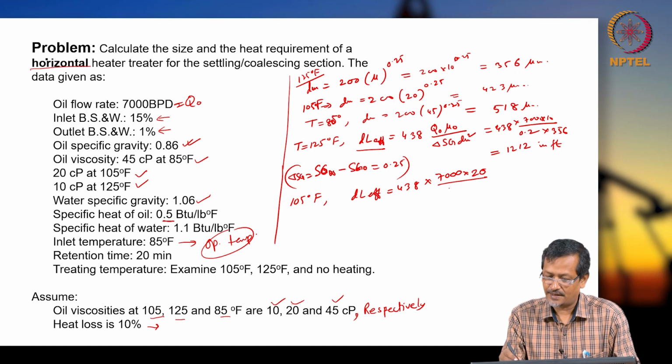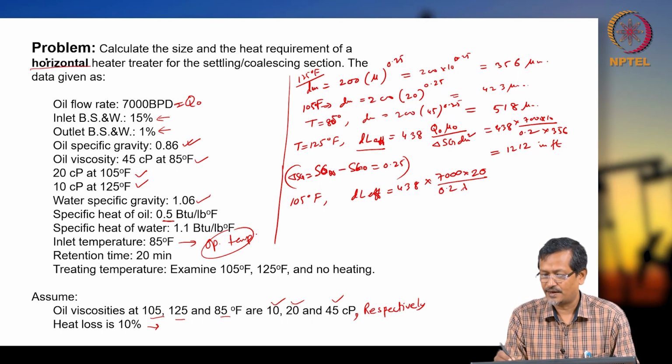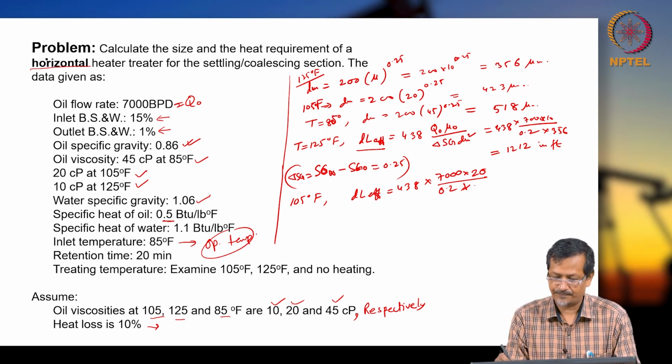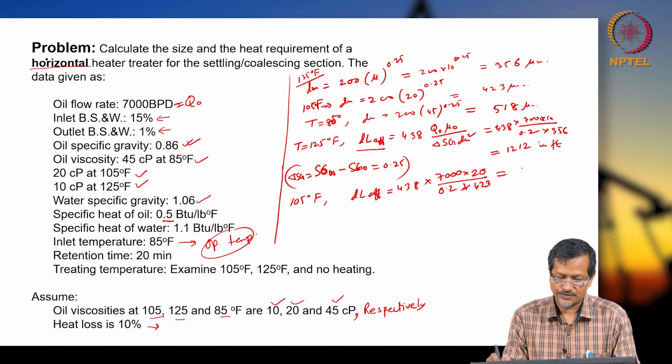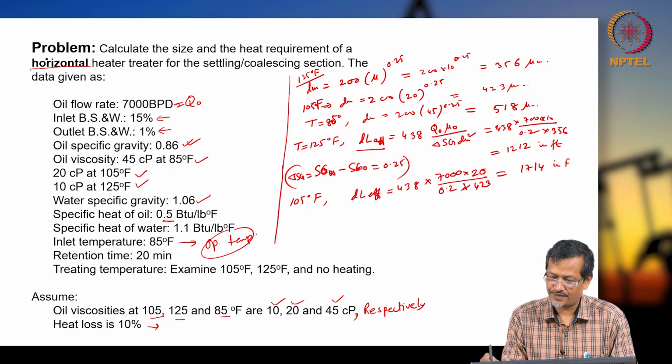And delta Sg you are not changing with temperature, so 0.2, and the dm value you got for 105 is 423. So this value is coming 1714 inch feet.